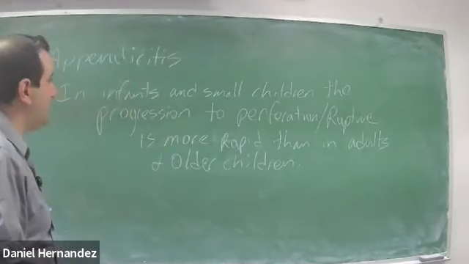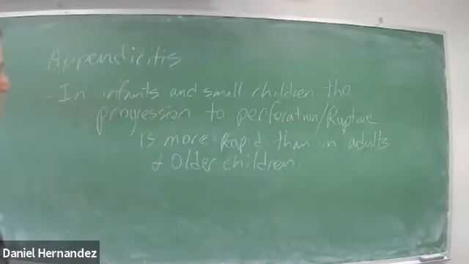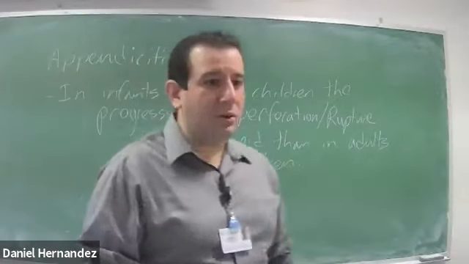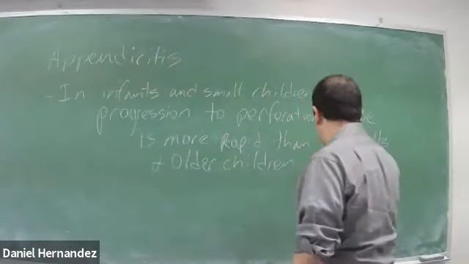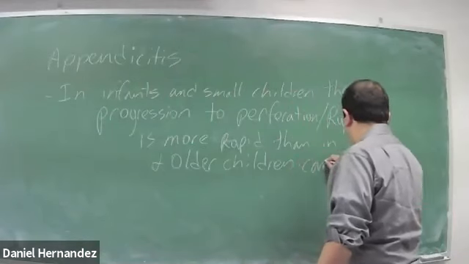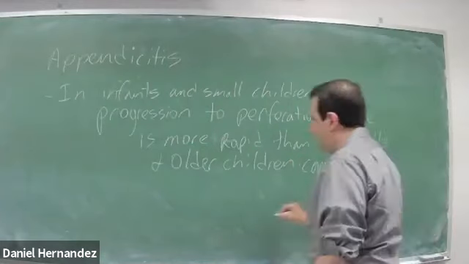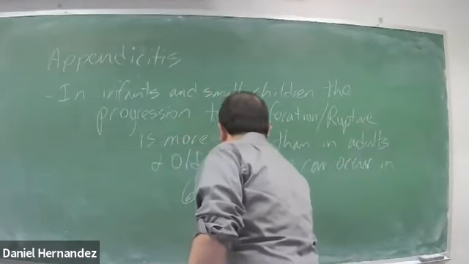So in infants and small children, the progression to perforation or rupture is more rapid than in adults and can actually occur within 6 to 12 hours.